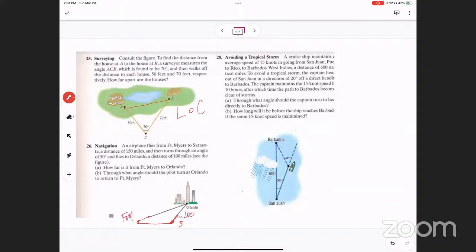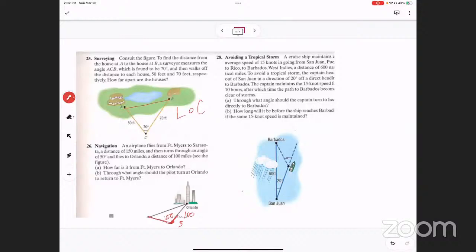An airplane flies from Fort Myers to Sarasota, a distance of 150. So this is 150. And then it turns through an angle of 50. That looks like more than an angle of 50. Maybe this is an angle of 50 right here. Is that what your picture shows? That still doesn't seem right.